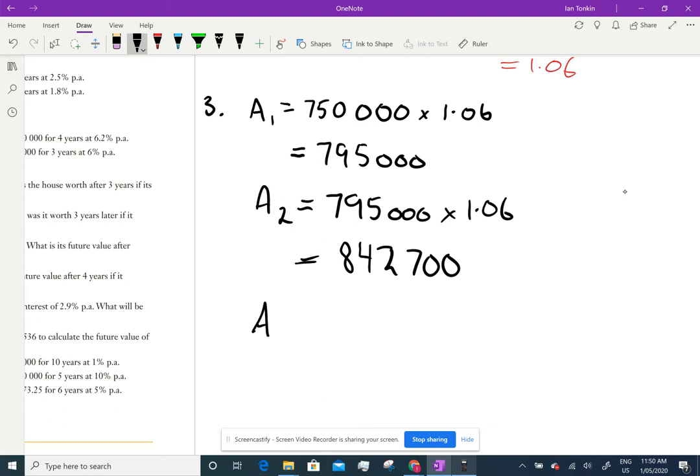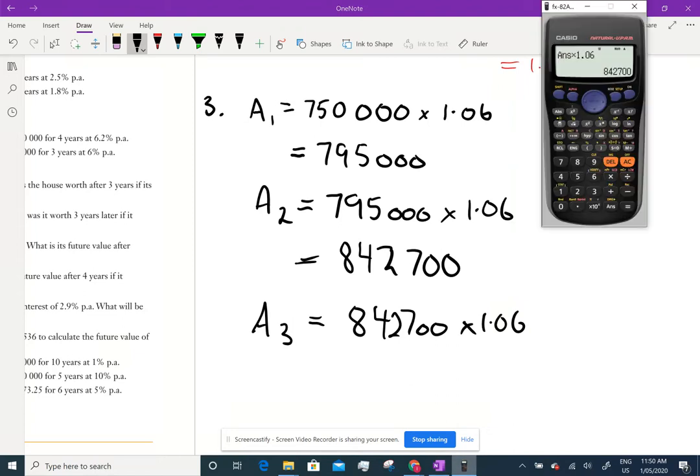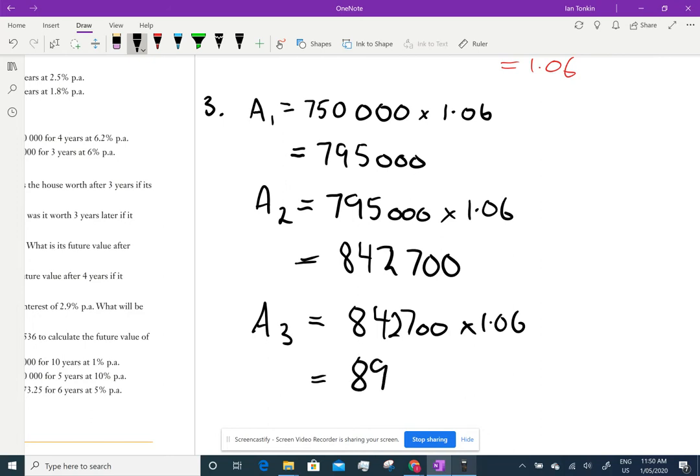And then after 3 years, I take that 842,700 because it's going to go up, and I times by 1.06 again. Now I've got 893,262. I'll just check with my answers.